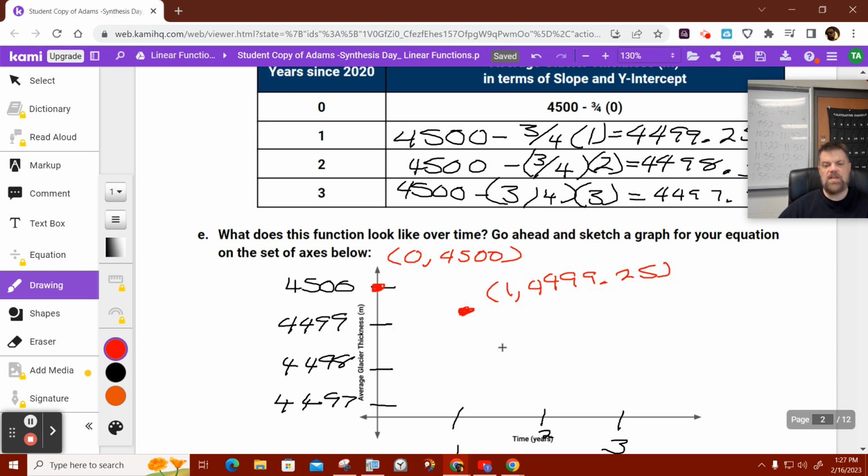My next point is going to be 2, 4498.5. So that would be smack dab in the middle here. So that's going to be 2, 4498.5. Notice that they're kind of forming a line. And then my next one is 4497.75, which is about right here.